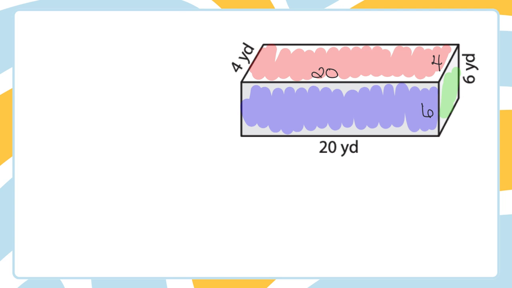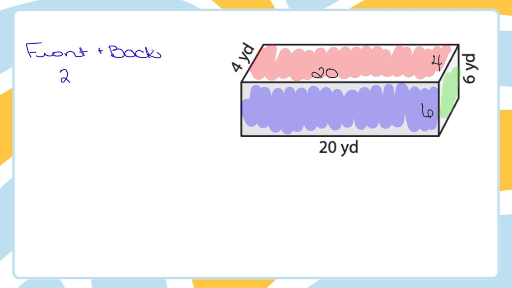Okay. So we're going to start with the front and back. How will we find the area of the front and the back combined? Micah? 20 times 6 times 2. Yep.